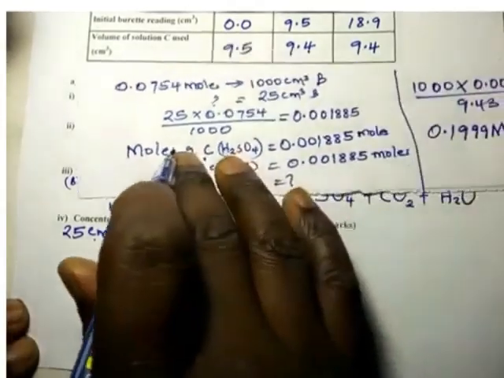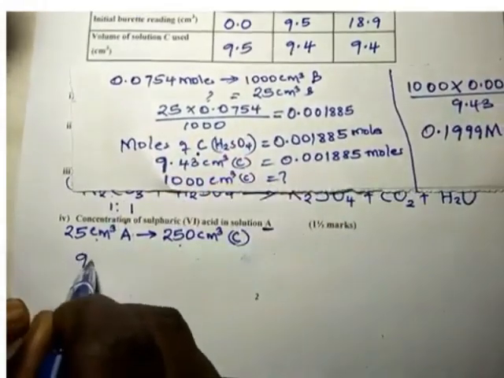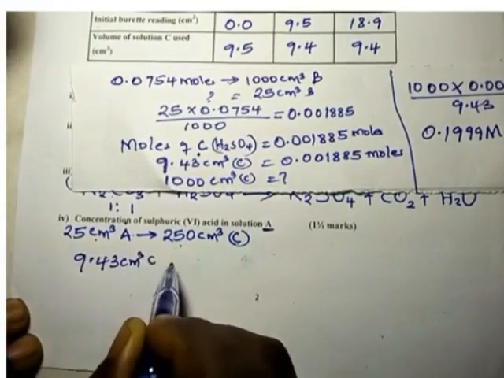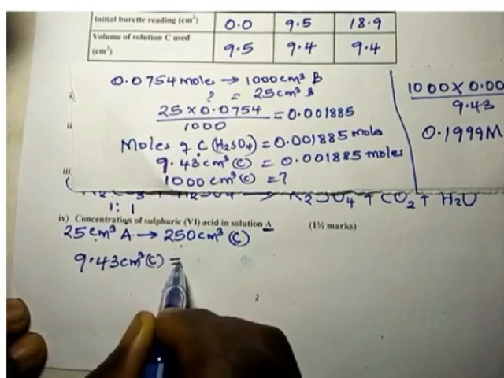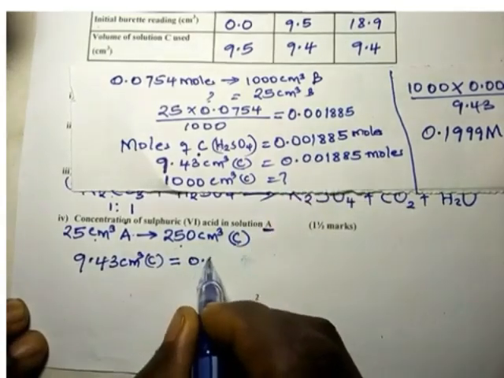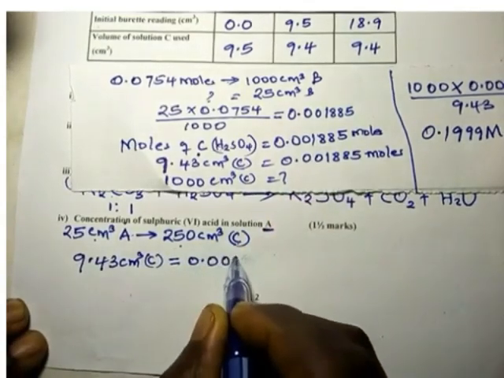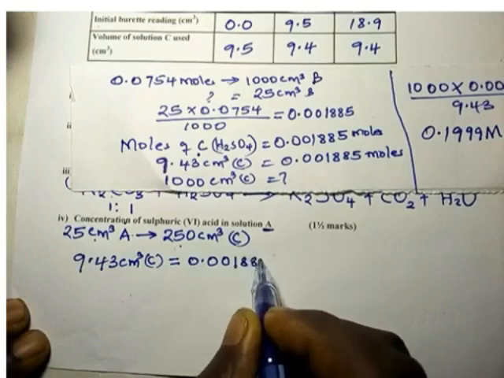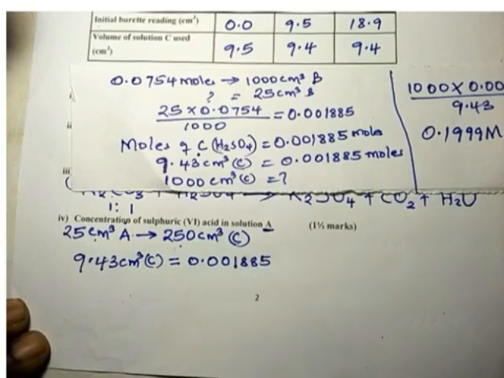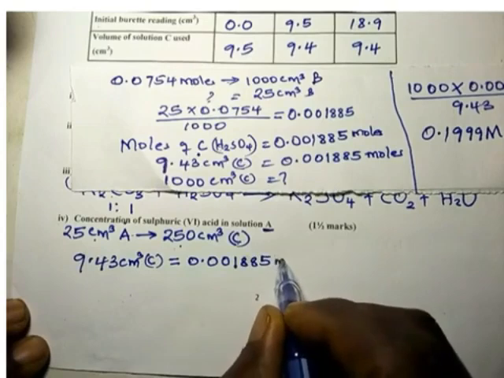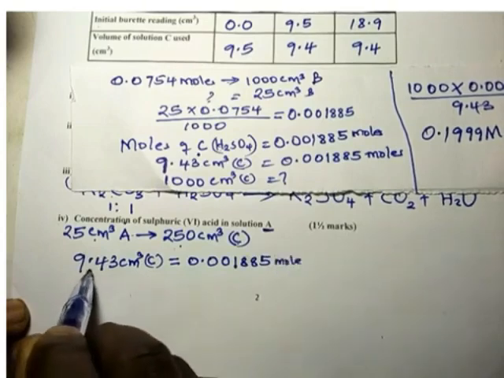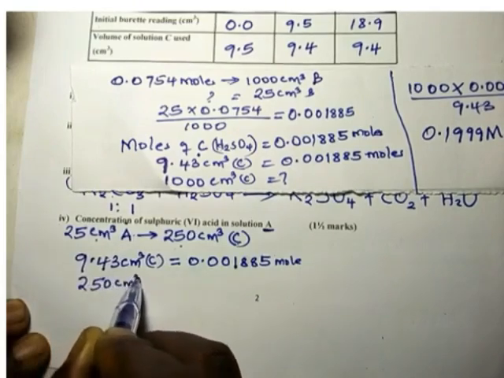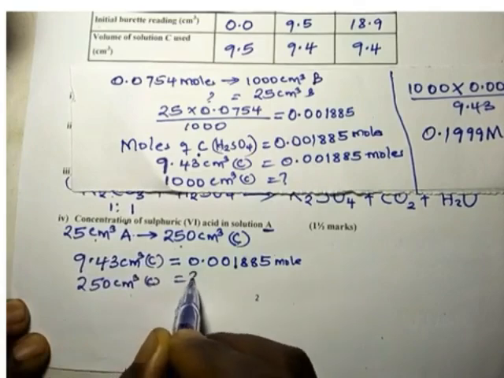We will just use this one here: 9.43 centimeters cube of solution C has how many moles? 0.001885. This is the number of moles of solution C in 9.43. So we ask, 250 centimeters cube of C will contain how many?